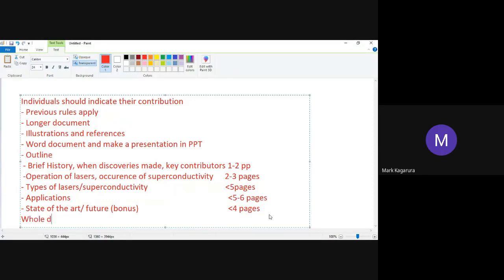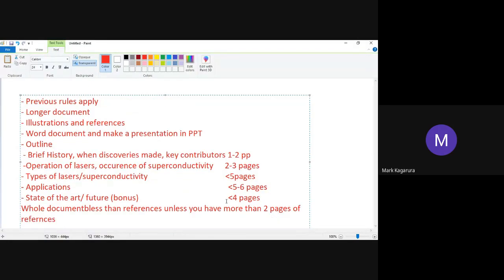Unless you have many references. If you have 2 pages of references, then you can be excused in the page limit.